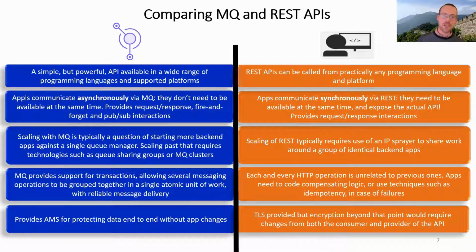MQ is a very asynchronous beast. So, like I said on the previous slide, when you're communicating via MQ, your applications don't have to be available at the same time. And because you've got this disconnect, it allows you to build up quite a rich set of interaction patterns.